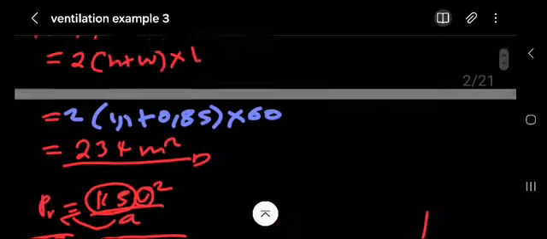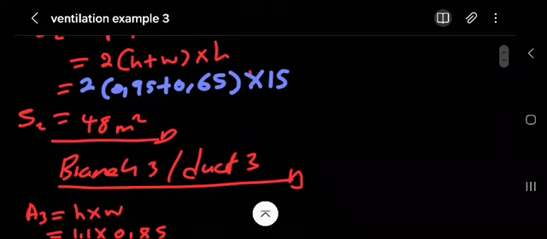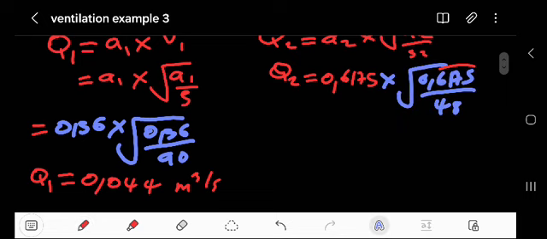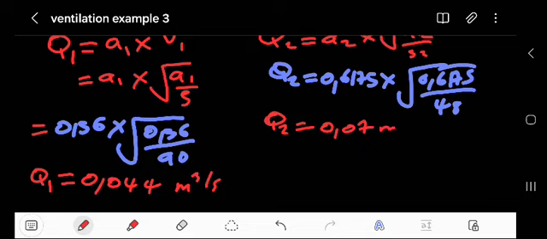We have calculated it here, it was 48. So when we punch this on our calculator, we find that Q2 will be equal to 0.07 cubic meters per second.